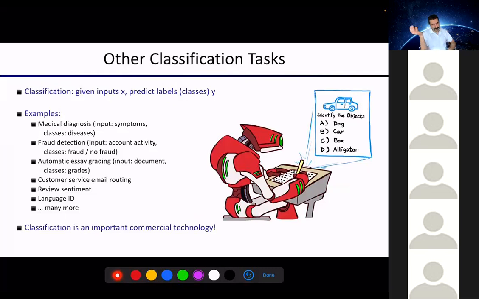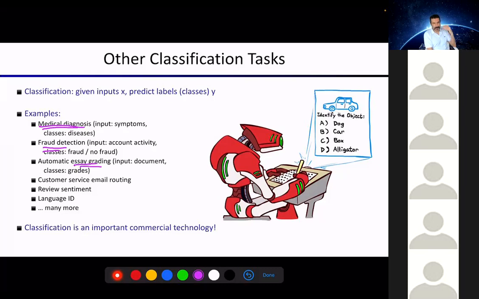And you have some other types of classification, like medical diagnosis, right? You want to look at the image and see whether it shows cancer tissue, human tissue, and identify whether it is cancerous or not. For fraud detection, you want to look at the account activities, and based on the activities, determine whether there is some fraud going on or not.